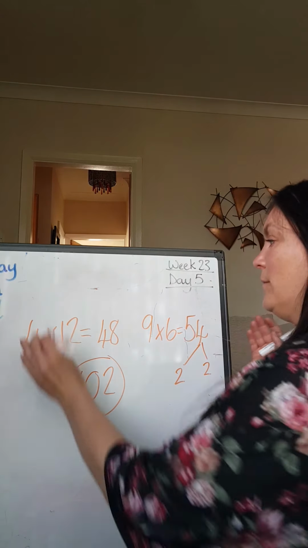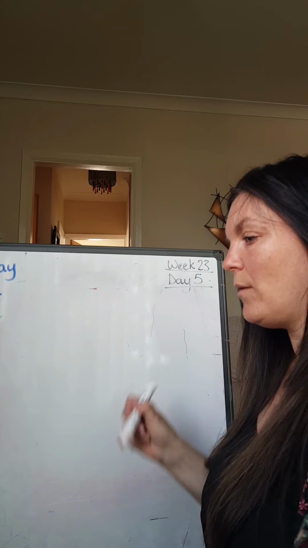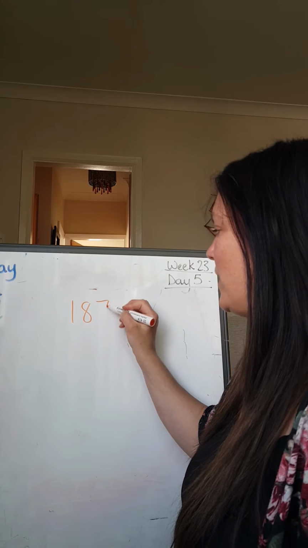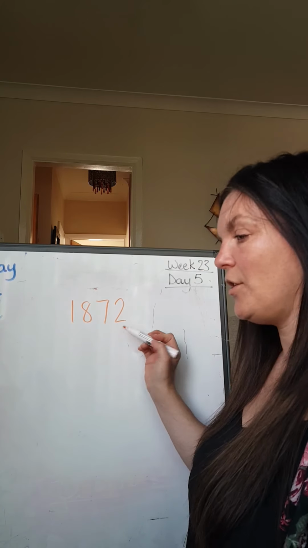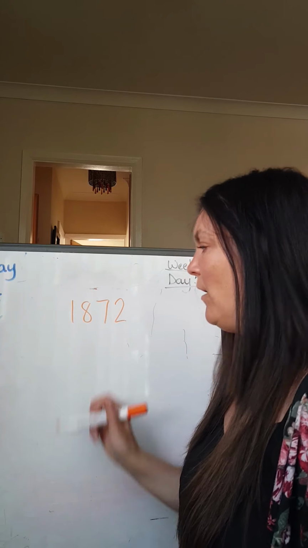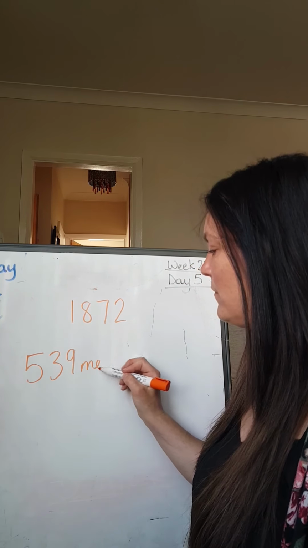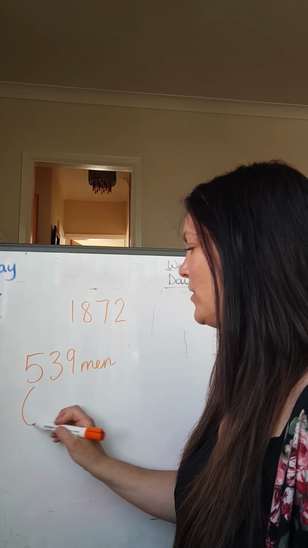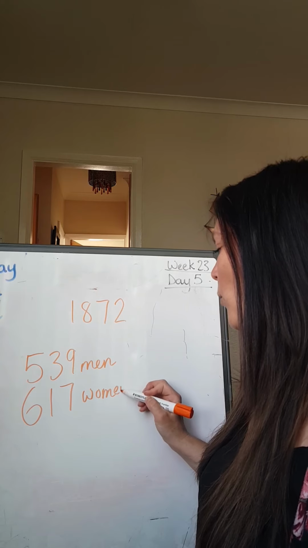Question number 3. A total of 1,872, let's write that information on the board. A total of 1,872 people live in a village. 539 are men. 617 are women.